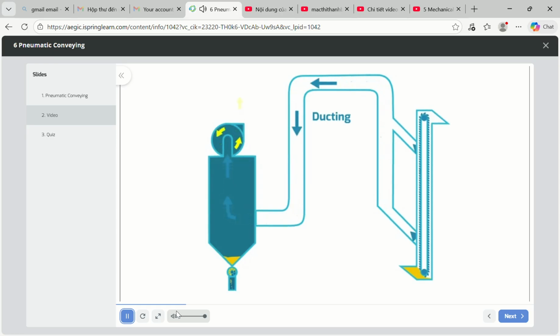The ducting is wide, therefore the airspeed is slow. Since only a small amount of light dust particles should be present, the slow airspeed should be enough to carry these particles.